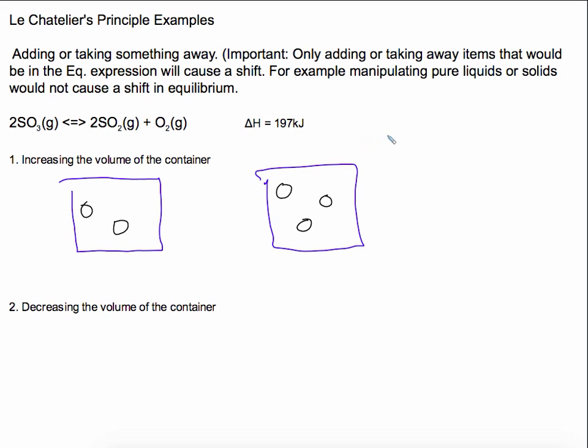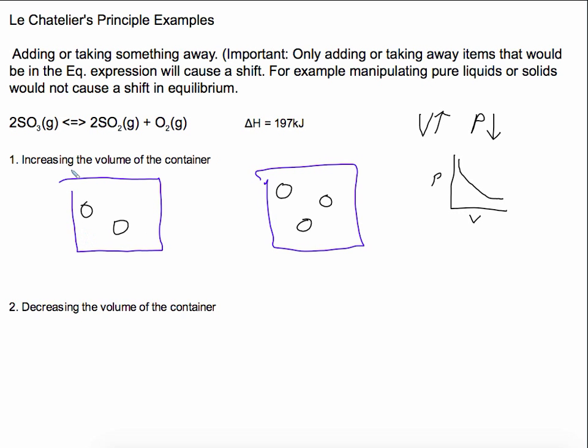So now you got to remember Boyle's law, which says, increasing the volume of the container, well, basically, here's the thing. If the volume goes up, the pressure goes down. Okay, they have an inverse relationship. That was a gas law unit where we could graph pressure versus volume or volume versus pressure, whatever.